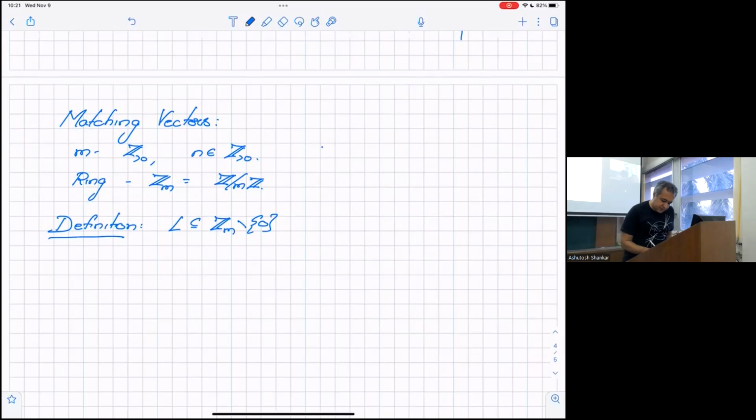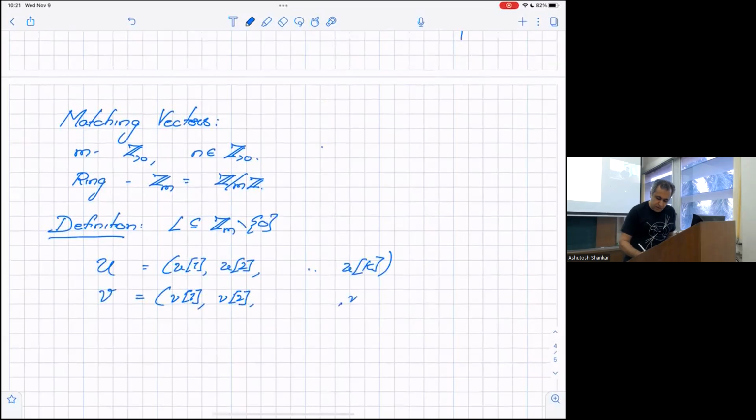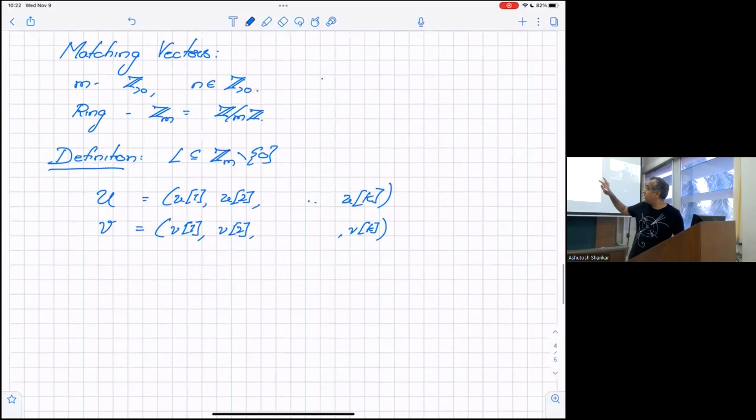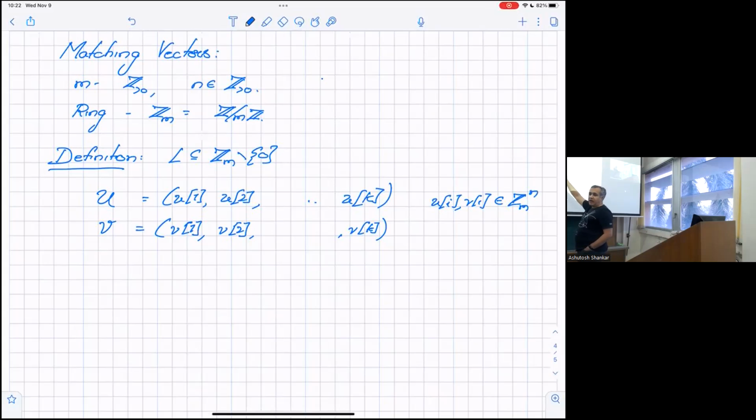We'll say that two vectors u and v, where u is u1, u2, all the way up to uk, and v is also v1, v2, up to vk, are both k-length vectors, but each ui and vi are themselves vectors. They are elements in Z_m^n. Each of them is an n-length vector, and there are k n-length vectors.